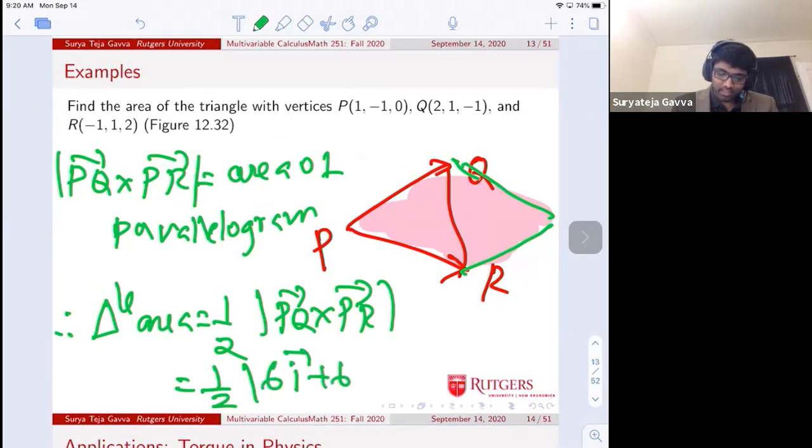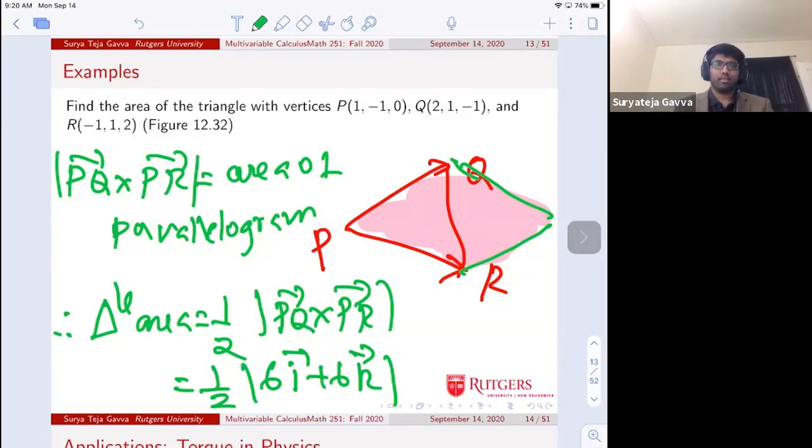plus 0j plus 6k. Can you guys tell me what is the magnitude of 6i plus 6k? Right, it's a vector 6i, 6k. How do I find the magnitude of it? The coordinates are 6, 0, 6.